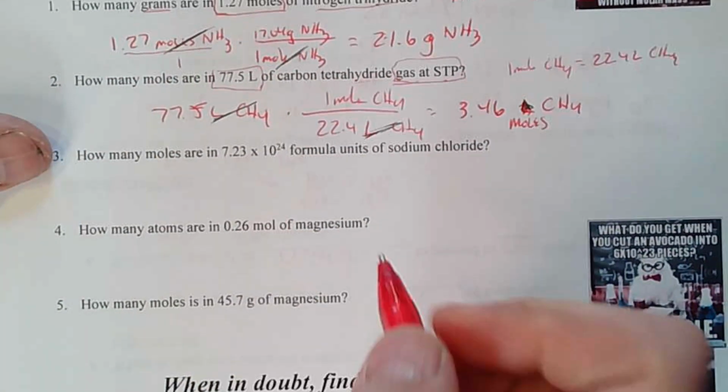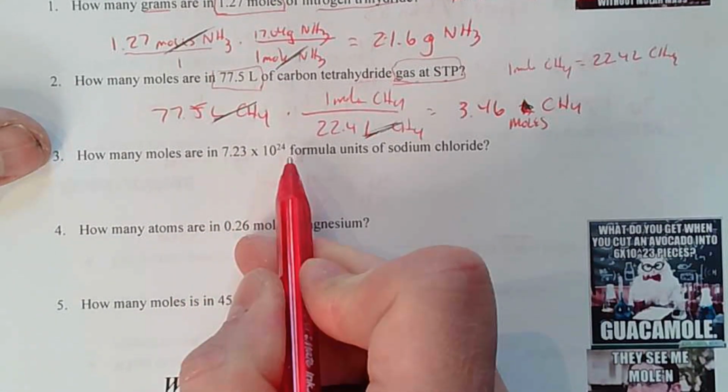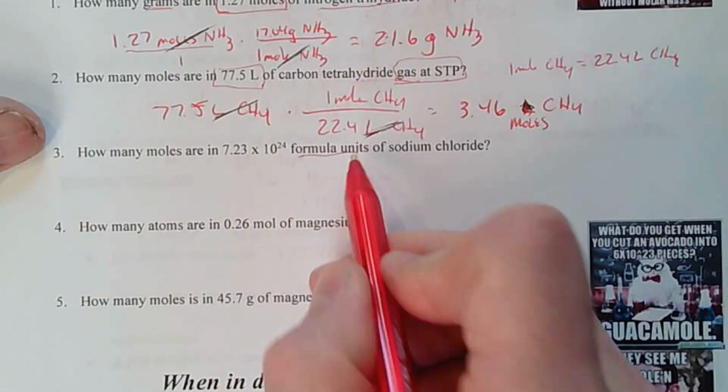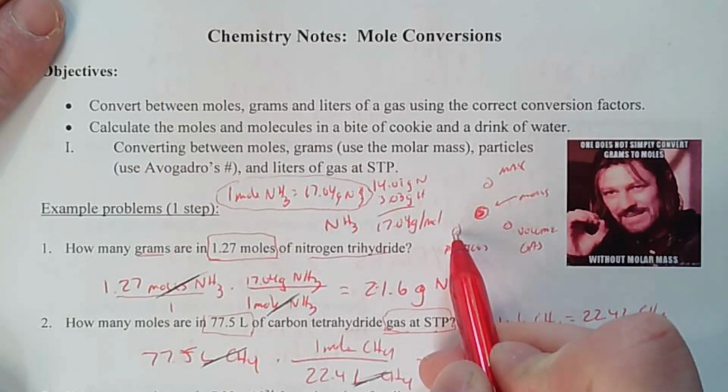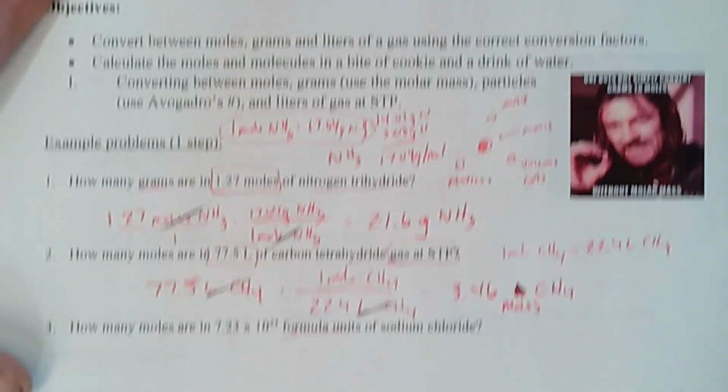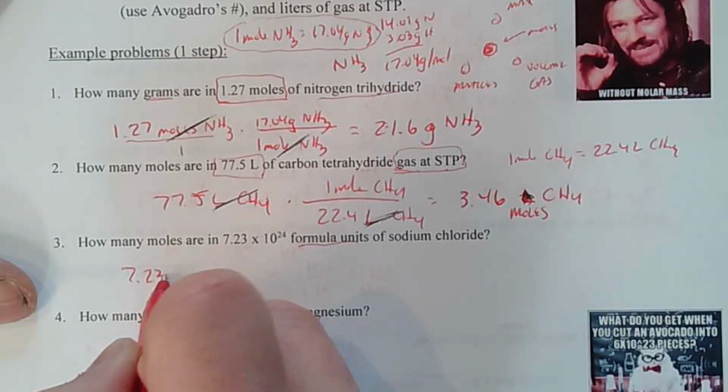This next one, my moles are in this many formula units. Remember, a formula unit is a particle. That means on your concept map, you're starting here, and you want to get to moles. So we're going to use Avogadro's number.